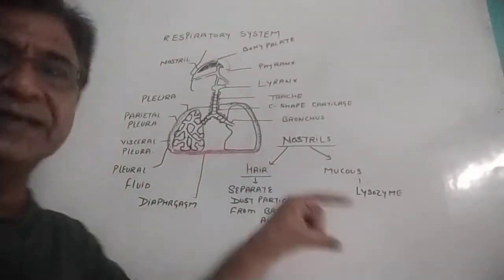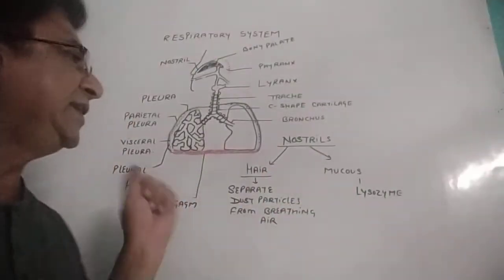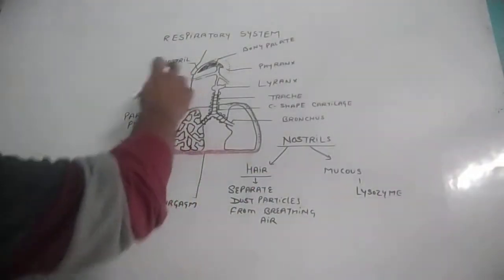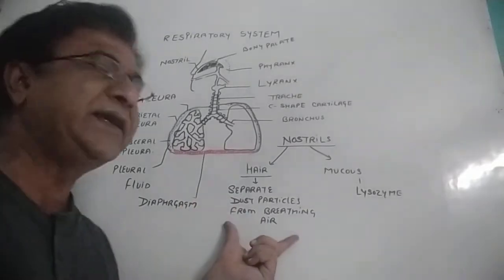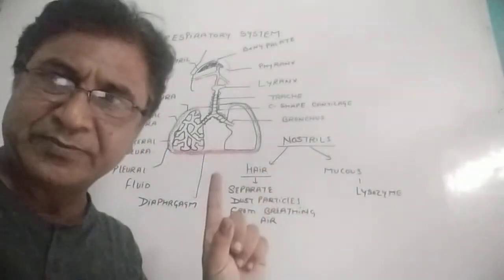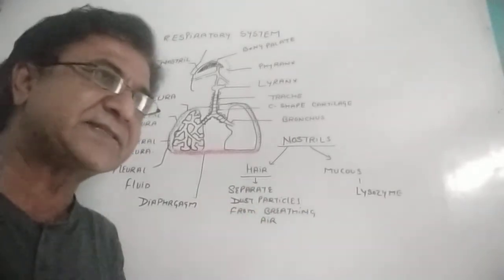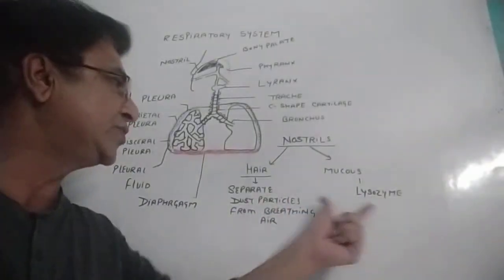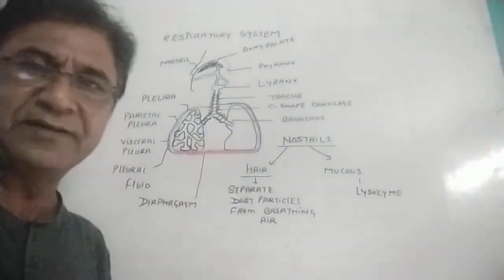This way clean air enters into the pharynx region from the nostril. And that is the reason why it is always suggested that we take breath from the nostrils. Remember that. If a question comes why it is suggested to take breath from the nostrils, it is because the hair and mucus separate the dust particles, leaving clean air.